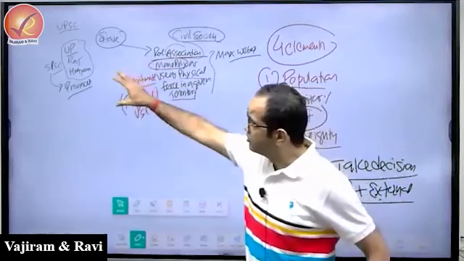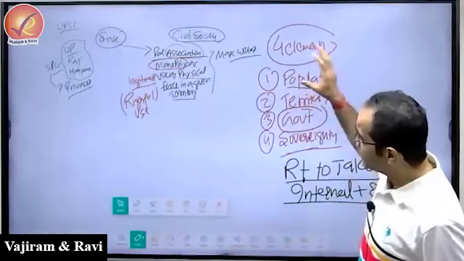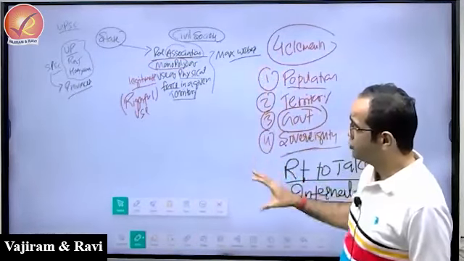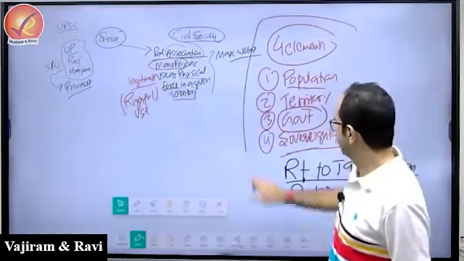It is different from what we call a province. The state is simply that association which uses force, and that is considered correct. And the state has four elements.